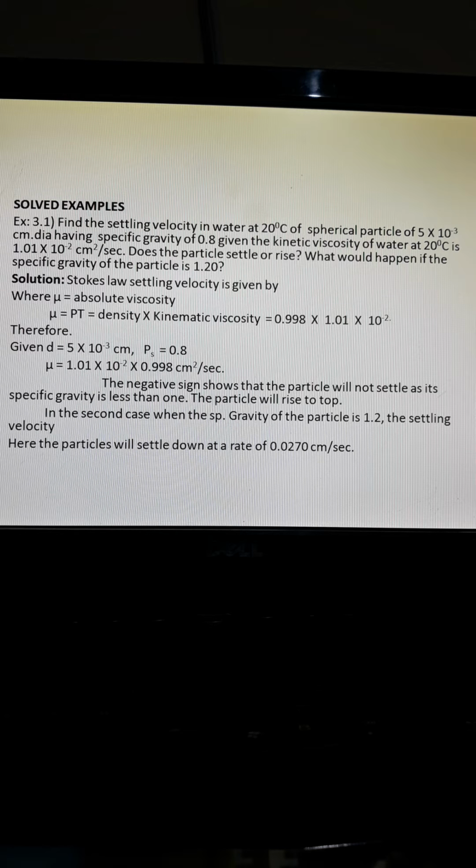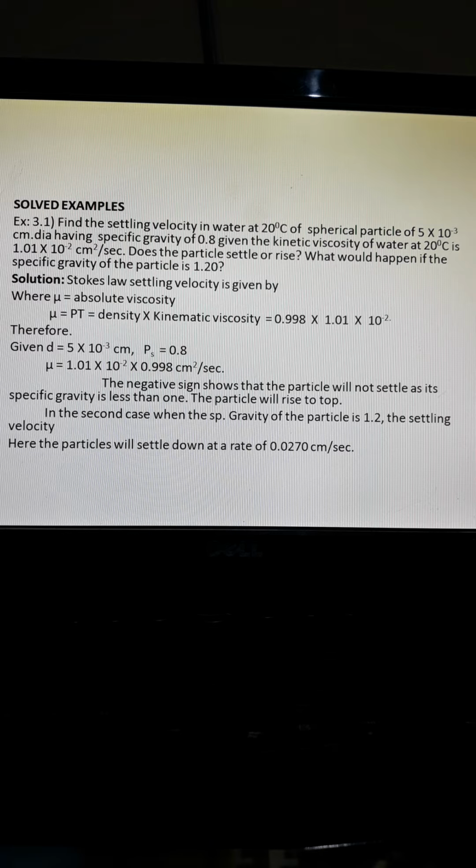As per the Stokes law, the settling velocity is given by that equation, that is g d square into rho s minus rho within the bracket divided by 18 times mu, where mu is the absolute viscosity, and it is also given by density multiplied by the kinematic viscosity.